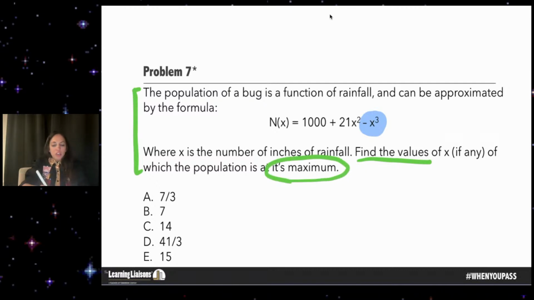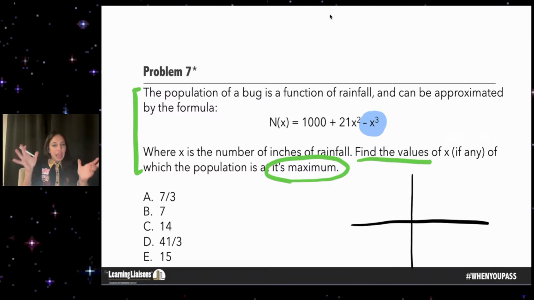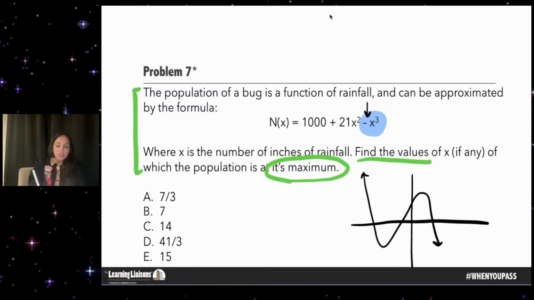So if I were to draw what I like to call a baby graph, like a very, very rough sketch of this graph, just understanding end behavior and minimums and maximums, I know that my graph would look something like this. And you say, how do you know that? Because my highest degree is a negative. And so that means I'm going to be going down first and then coming up and ending down.